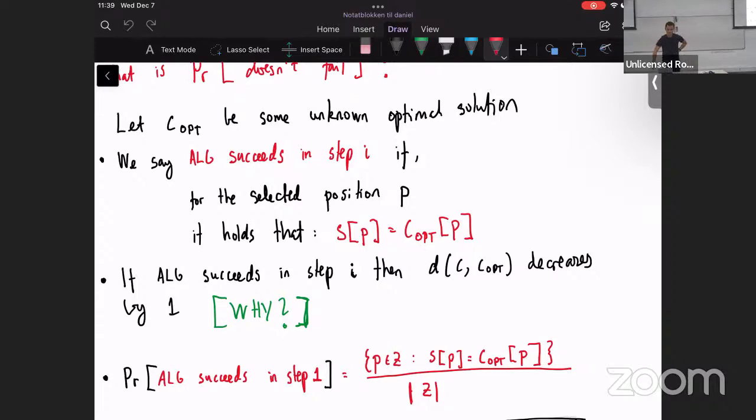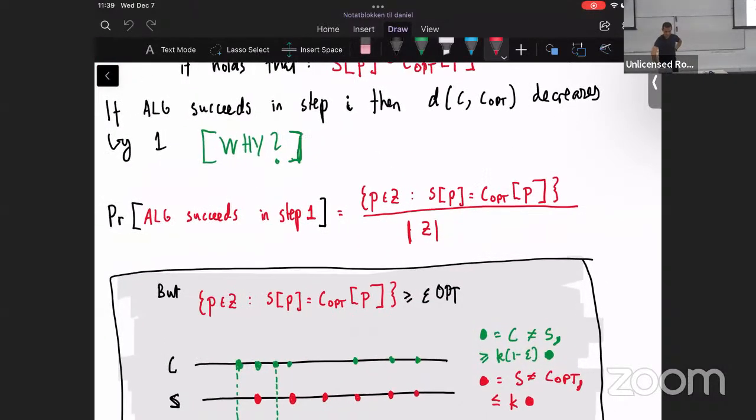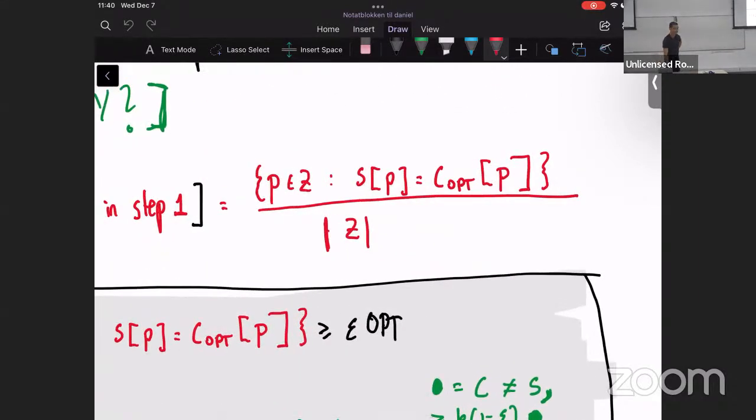Okay, so now all that's left to do is to figure out what's the probability that the algorithm succeeds in any given step. Let's say the first step. The probability that it succeeds is the number of positions where it would get closer divided by the number of positions that it has to pick from, right?